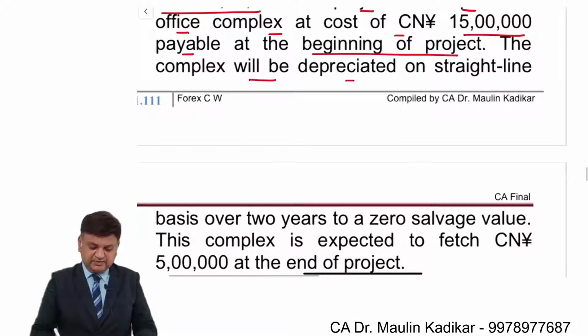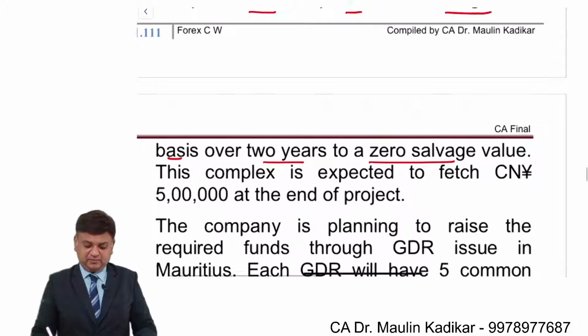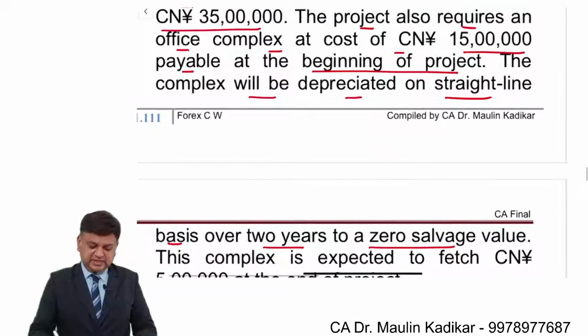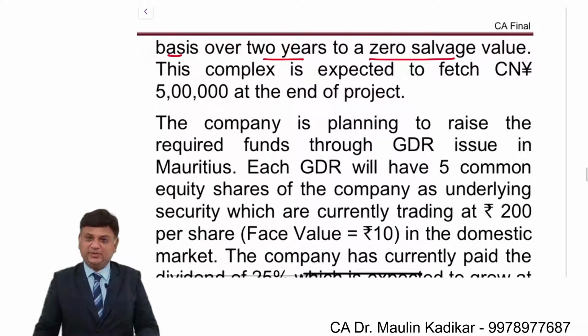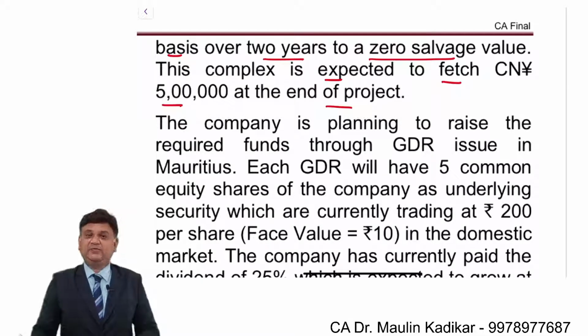The complex will be depreciated on straight line method basis over the 2 years to 0 salvage value. So we understand that the 15 lakhs divided by 2, 7,50,000 is depreciation. This complex is expected to fetch 5 lakhs Chinese Yuan at the end of the project.